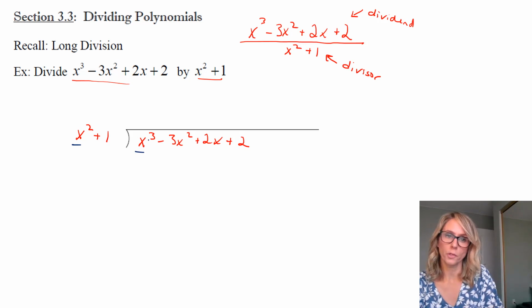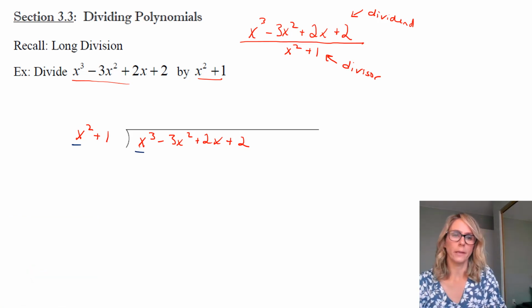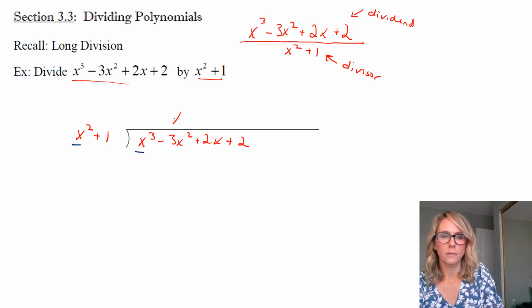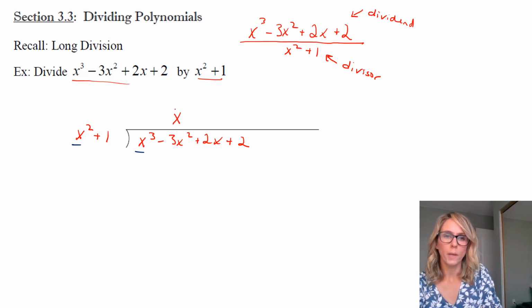With numbers you're trying to get as close as possible, but here you can do that exactly. You know that x times x squared gives you x cubed. So this becomes your quotient, and what we put on the top.